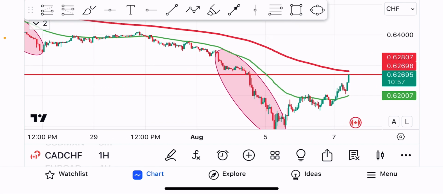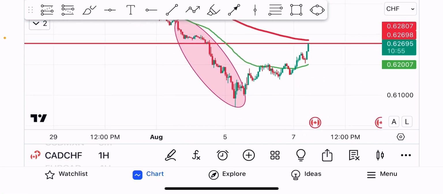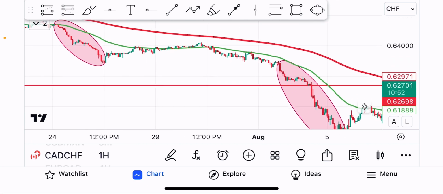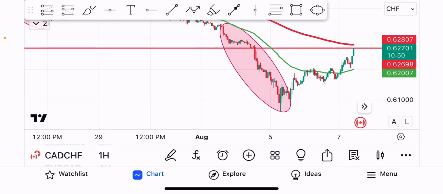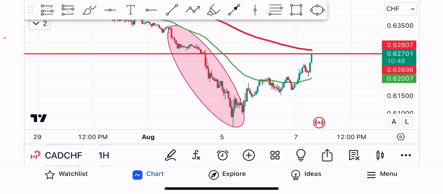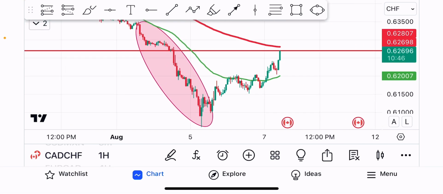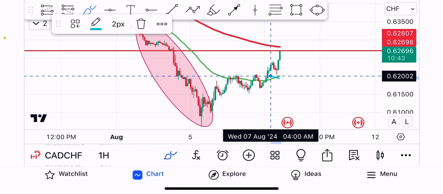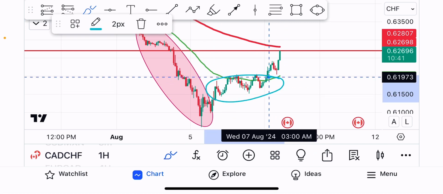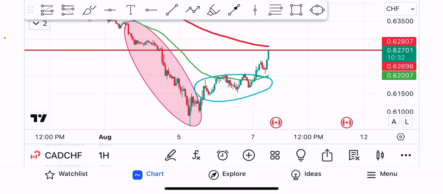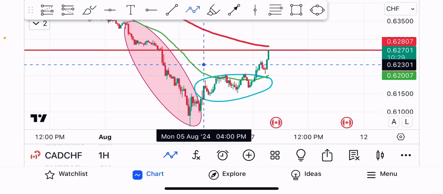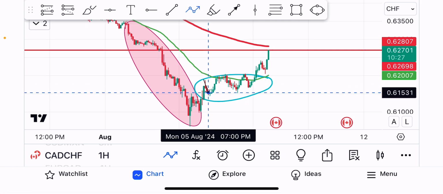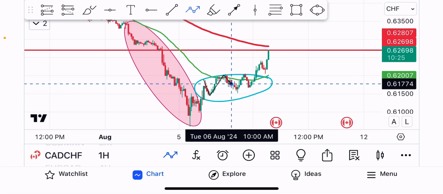And one thing is very observant in this pair. After we see the overflow to the downside, we see that in recent time price was holding at this level. You see how price was holding around 0.61973. What I mean by holding is price was consolidating at that level. What that consolidation means is that the total supply and demand at that price level was equal.